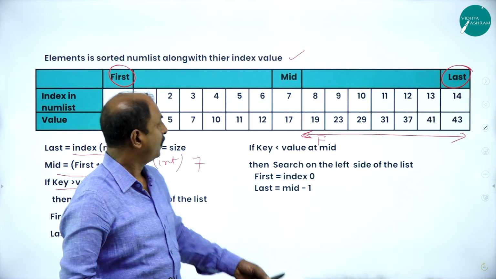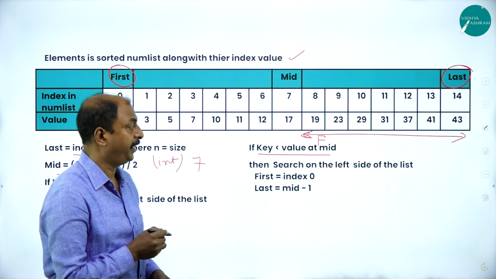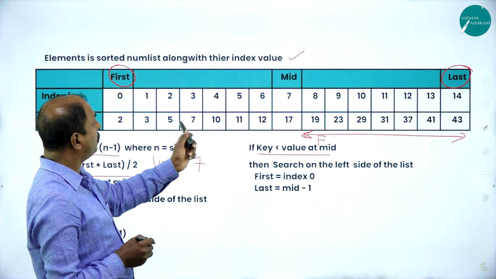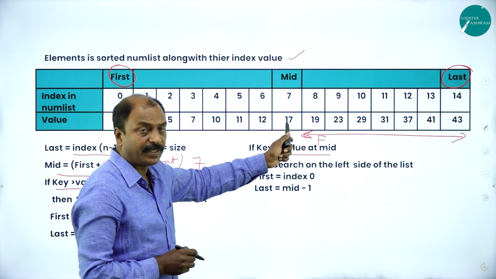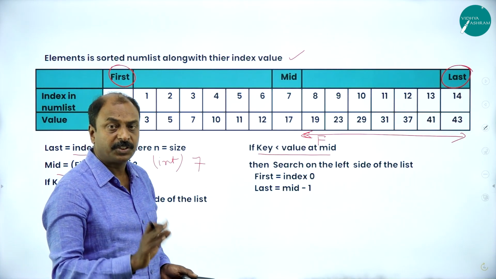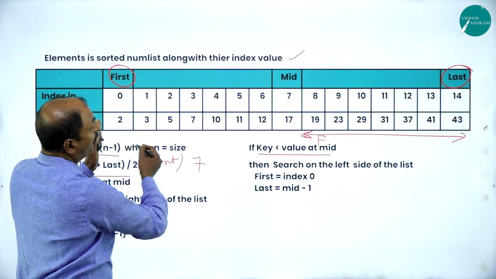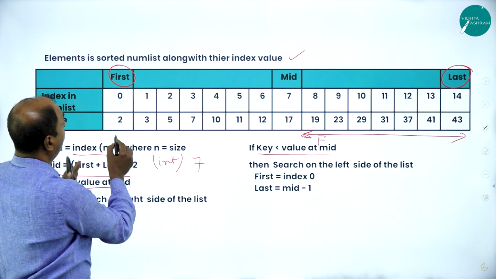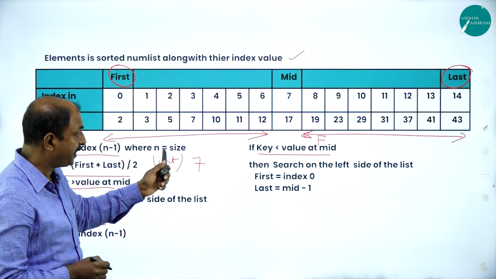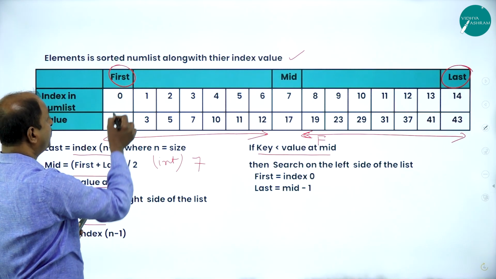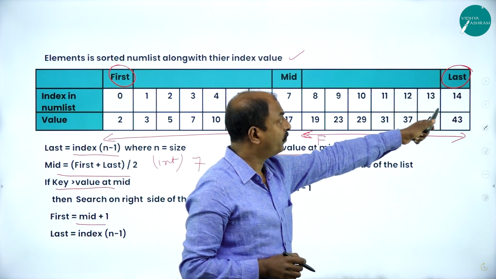Now if the key value is less than the value at the middle point, suppose I want to search for the value 5. In this example 5 is less than 17. The search will take place on the left side of the middle element, from this point to this point. The variable first will be 0 as it is, with no changes, but the last index is not 14.